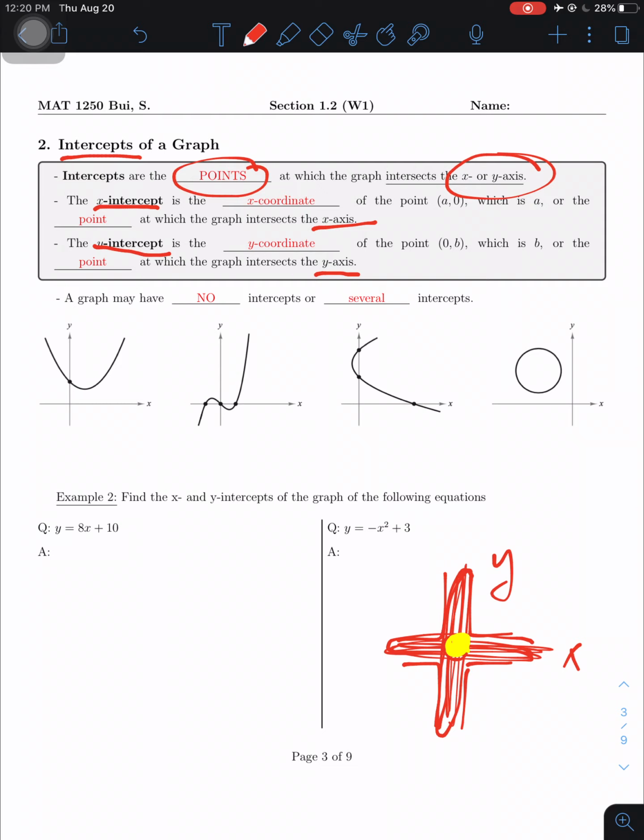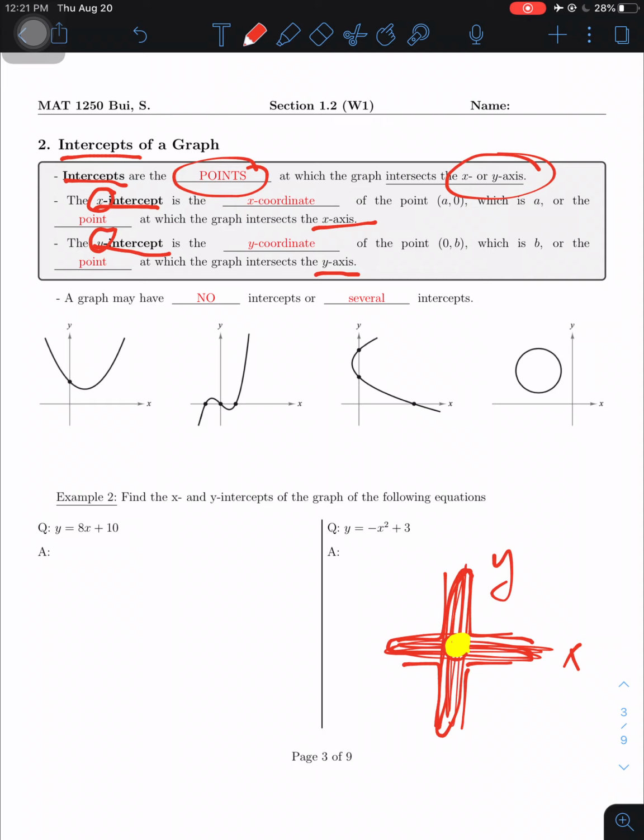So again, the intercepts are points, but the x and y intercepts could be a point or coordinate. Okay, so if you don't have a letter in front of the word intercept, you're fine. They are just points. But if you have a letter, say x-intercept or y-intercept, they specifically tell you whether that point is the intersection of the x-axis or the y-axis.